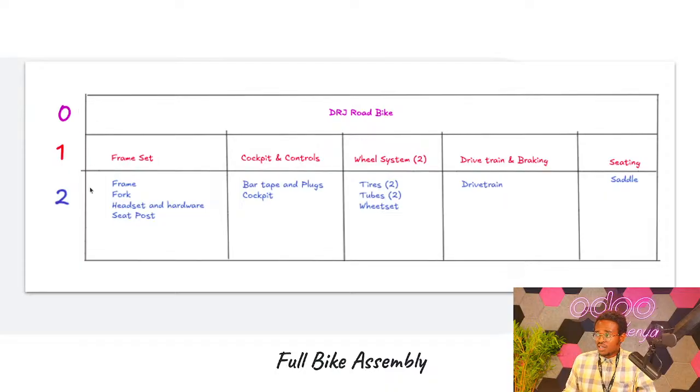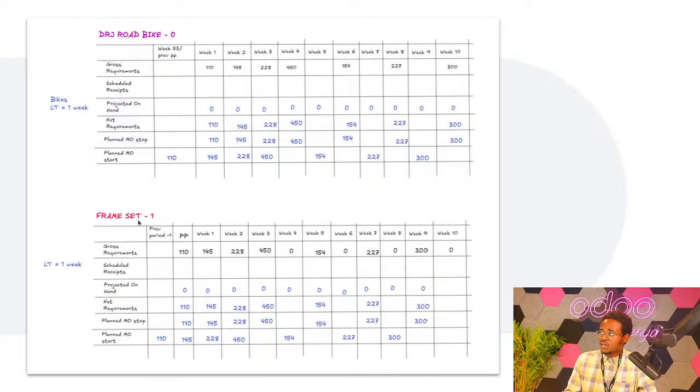The way this MPS is generated is by starting with level 0 MPS, and then going to level 1 MPS, and then level 2 MPS. So for this bicycle to be constructed, we must have manufacturing orders for level 1 sub-assemblies, and we must have purchase orders for level 2 components. So this is basically how our MPSs look.